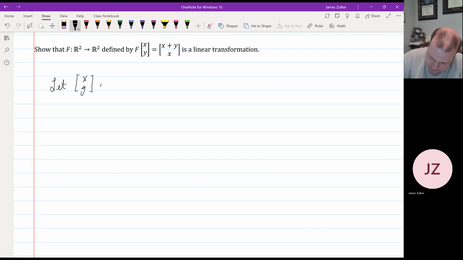So let's say that (x, y) and (x prime, y prime) are vectors in R2. And of course, k is some real number.